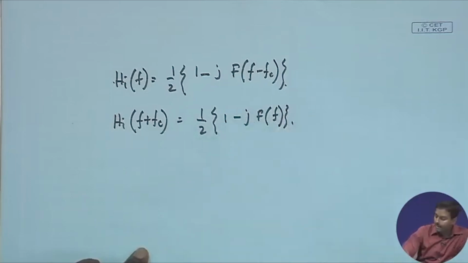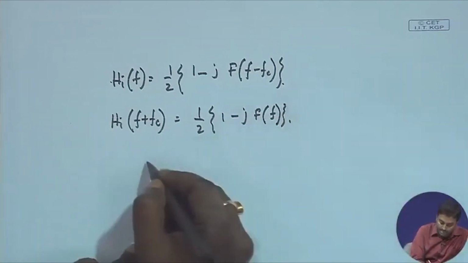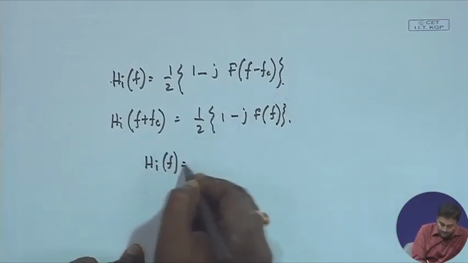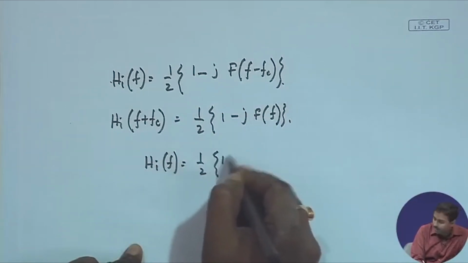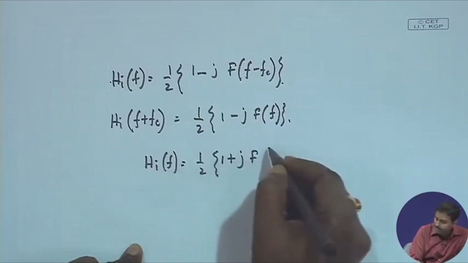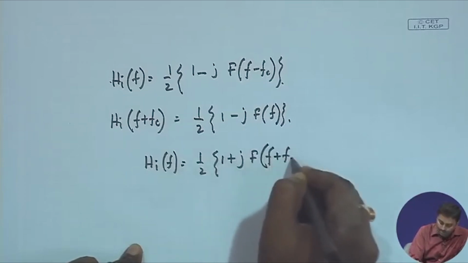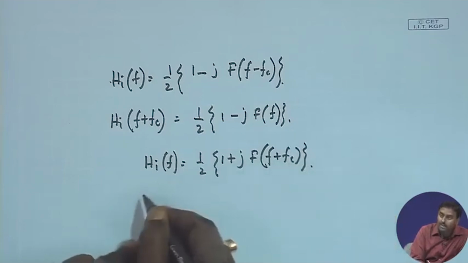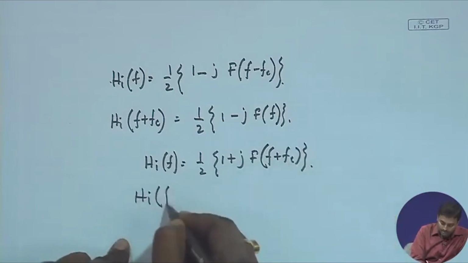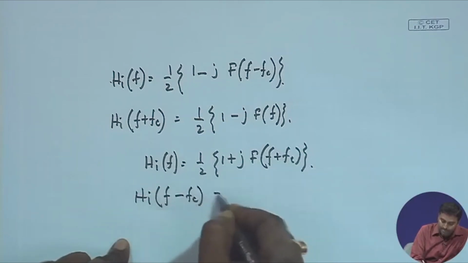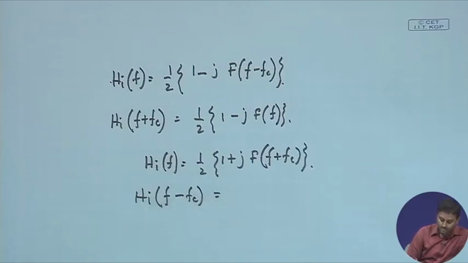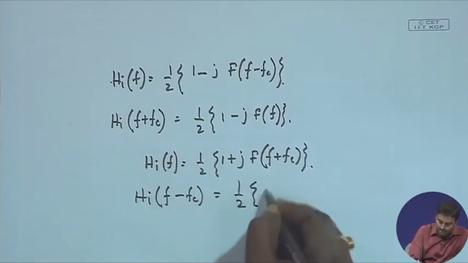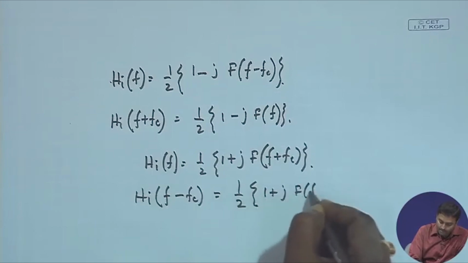And from the other relationship I can get H_I(f) should be half (1 plus j) F(f plus fc). From here I can get H_I(f minus fc), okay. So, immediately that will be half (1 plus j) F(f).